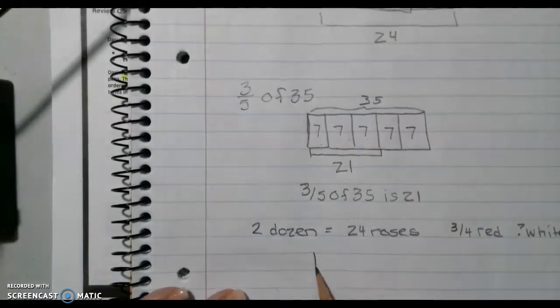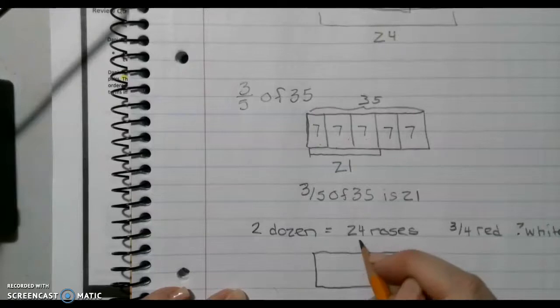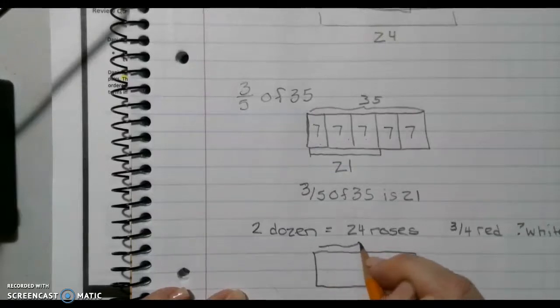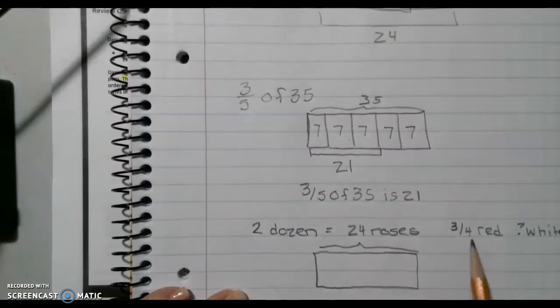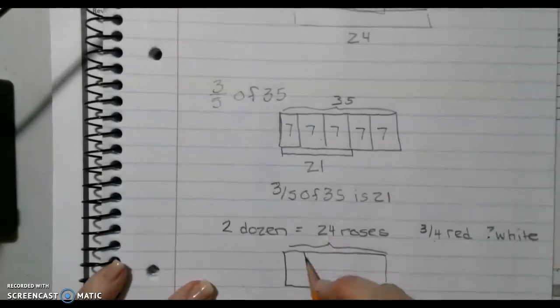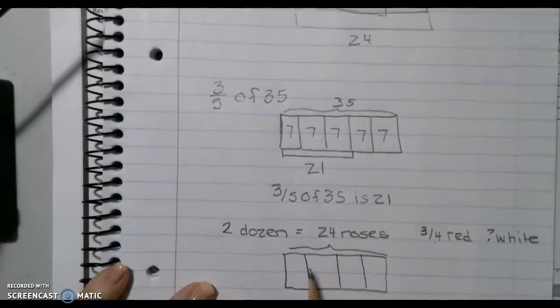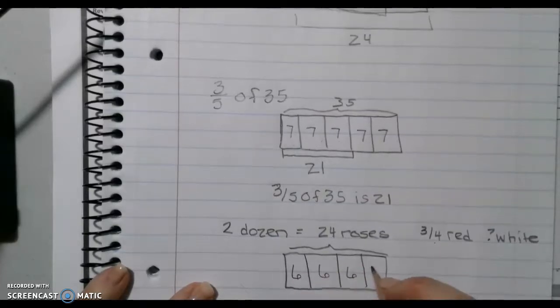So if we draw this, we know that this whole thing is 24, and it tells us right here we're going to divide it into fourths. Well, what is 24 divided by 4? What times 4 is 24? These are each going to be 6.